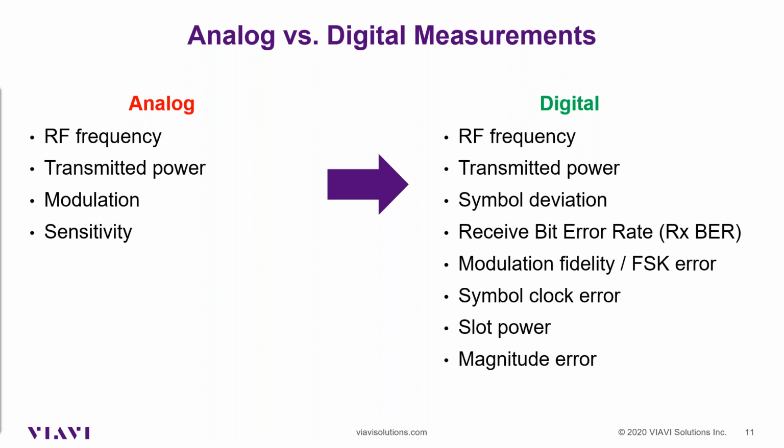And if we don't have the proper test equipment, a digital radio test set to measure those things, we're not going to be able to verify that we've done it correctly. We're not going to be able to measure frequency correctly, for example. We're not going to be able to measure things like symbol deviation, where there is no analog equivalent. And so it's critical, in order to make sure that those radios are working correctly, that we have the right equipment.